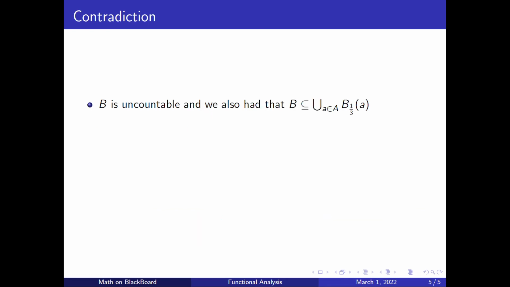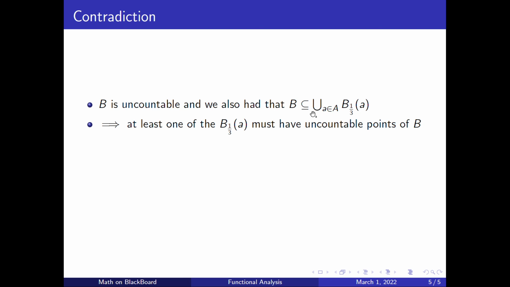So this actually leads us to the contradiction, which I would like to frame as follows. We had B is uncountable, and we also had this subset relation. Now we have that A is countable, and we are taking the union over all small a's which belong to capital A, which means this is a countable union.